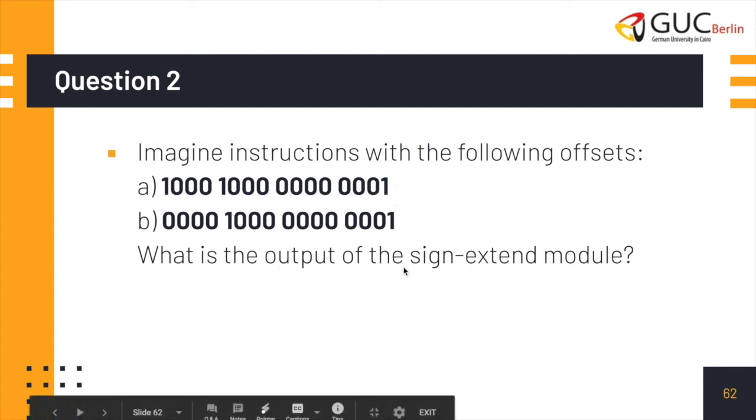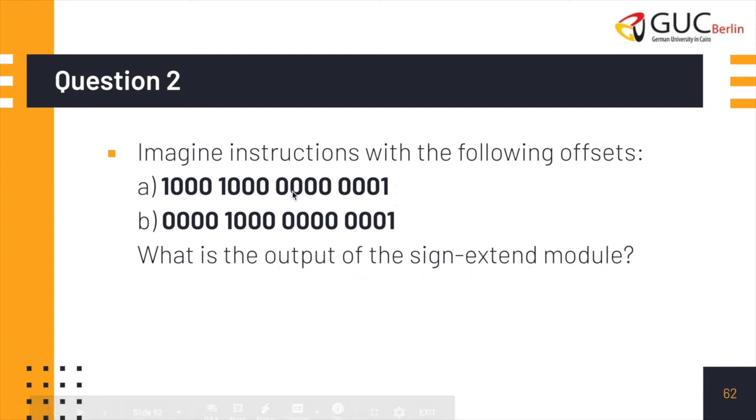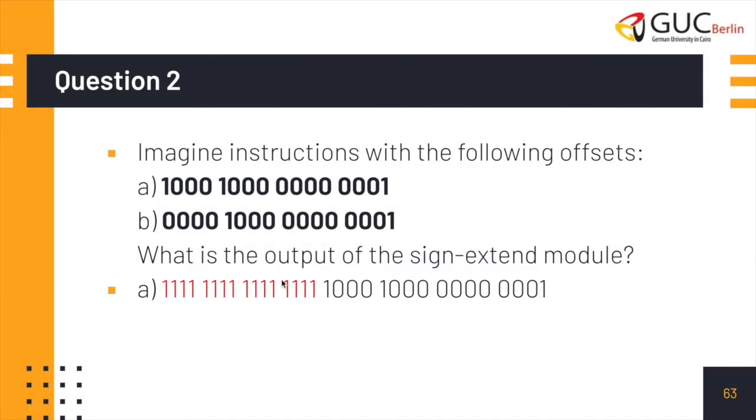Now question 2 tells us, imagine instructions with the following offsets or immediate numbers. What is the output of the sign extend module? As you can see, for number A, is bit number 15 a 1 or a 0? It is 1, meaning it's a negative number. So I need to extend this number by how much? By 16 ones to the left. So you can see here, I add 16 ones to the left of this number. For the second number, B, the most significant bit, bit number 15, is what?